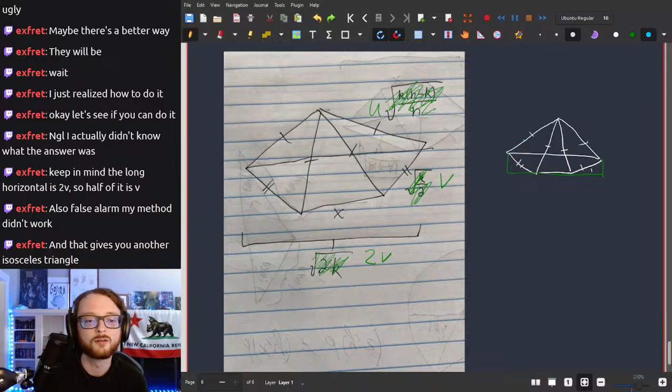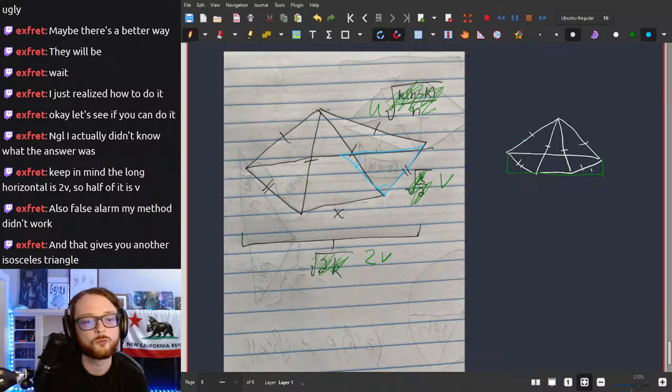Oh, you're saying we have an isosceles triangle V, not quite to scale, like an isosceles triangle there or something.